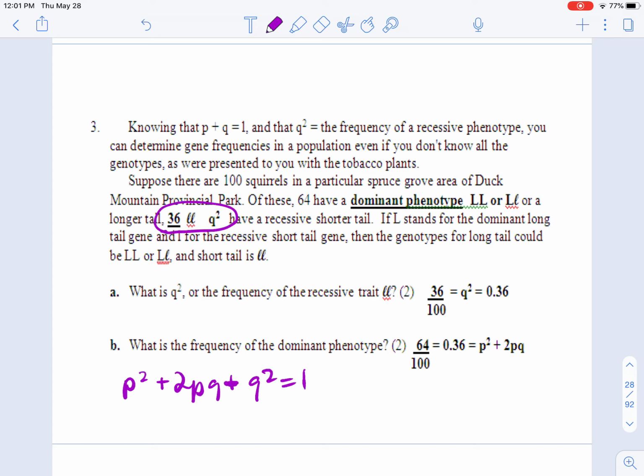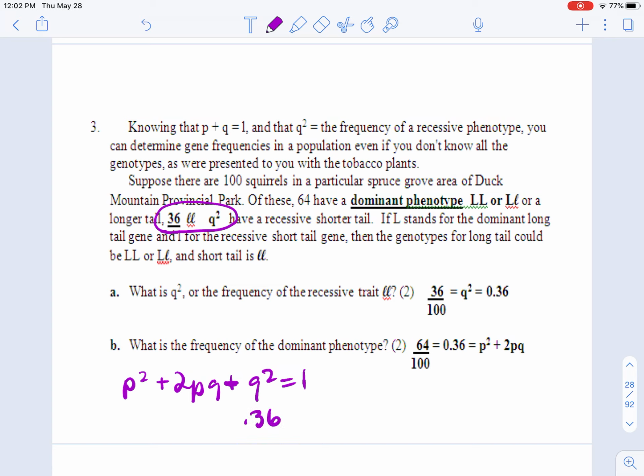Yes. Okay. So it says that 36 out of the 100, so it's 36%, are q squared. So I'm putting that in the right spot. If I square root that, I'm going to get my q, and my q is 0.6, meaning my p would have to be 0.4.